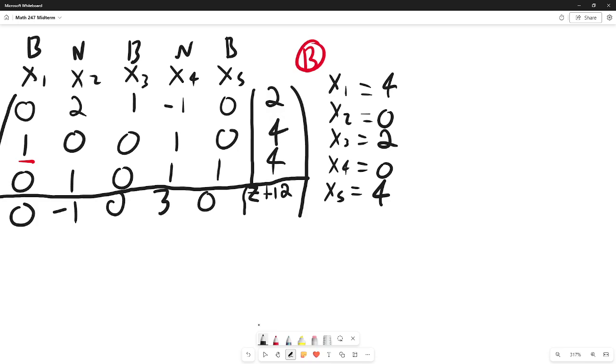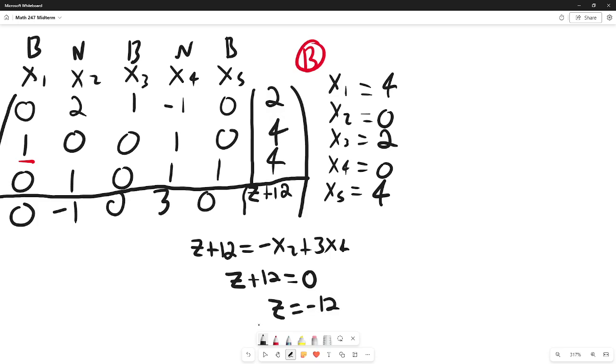Well, we know that Z plus 12 is equal to negative x2 plus 3x4, right? We again know that x2 and x4 are already equal to 0. So we're getting Z plus 12 is equal to 0. So Z is equal to negative 12. So this B value here is equal to negative 12.